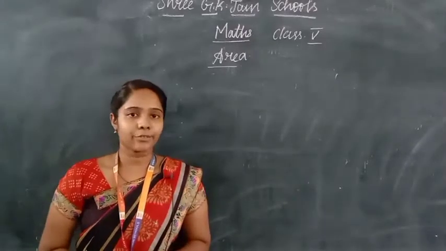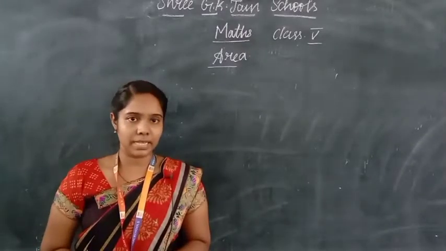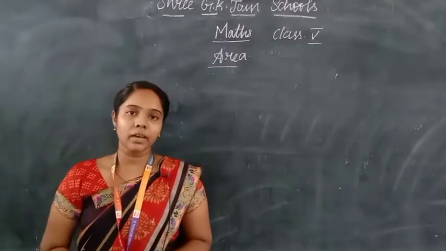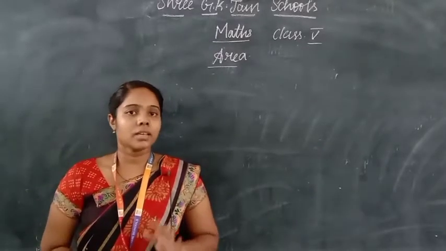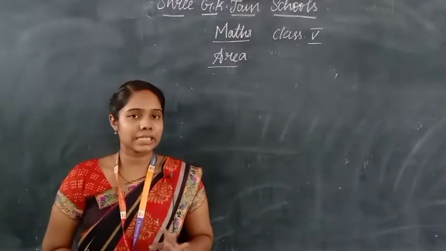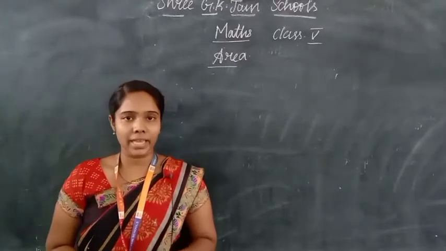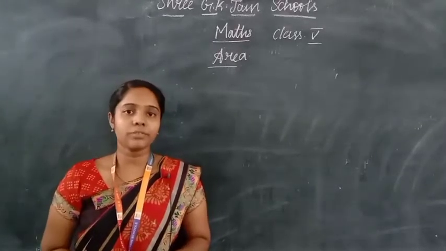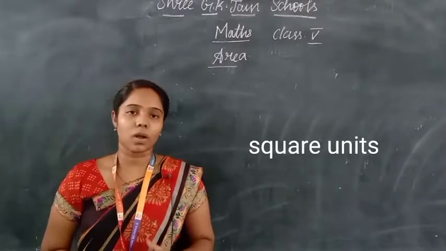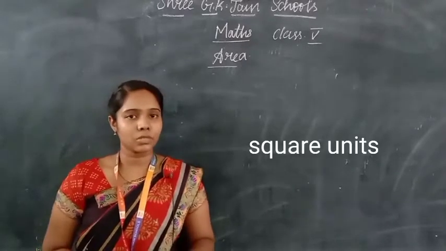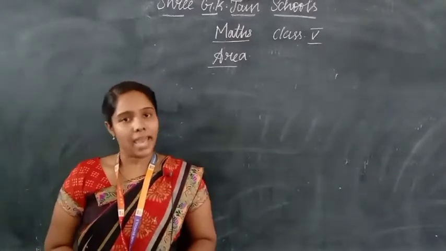What kind of unit will we use to represent the area? For perimeter, we use the measurement of the side of the shape, right? So for area, we will use the unit of square units. Whatever the measurement may be, we will use square units for the area.